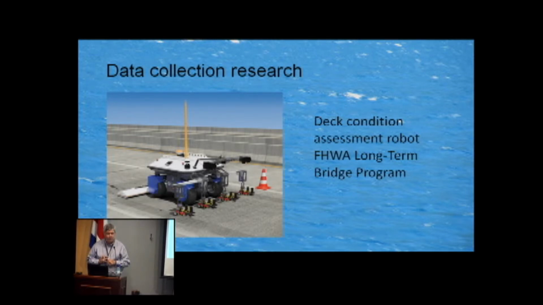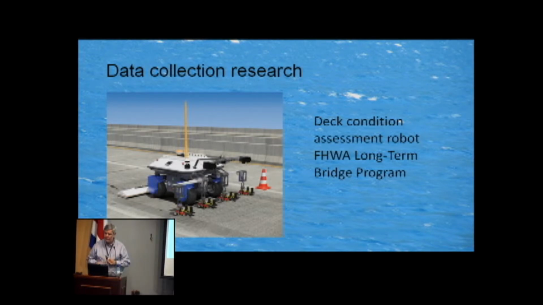They've developed a robot that they use to do bridge deck assessments. It just uses a ground penetrating radar as well as a few other sensing devices, runs it over the bridge deck to try to develop a good global assessment of the condition of the bridge deck, including the subsurface condition of the deck.